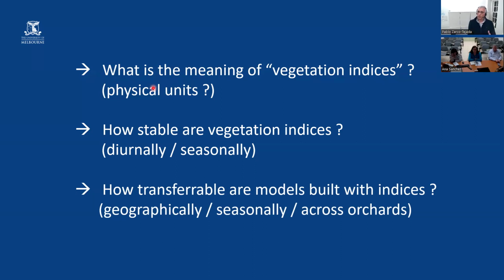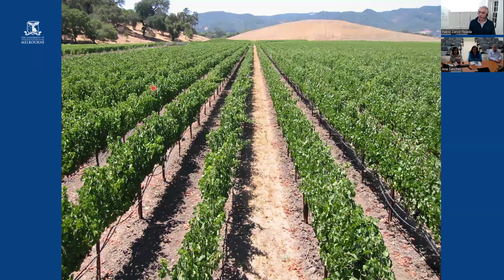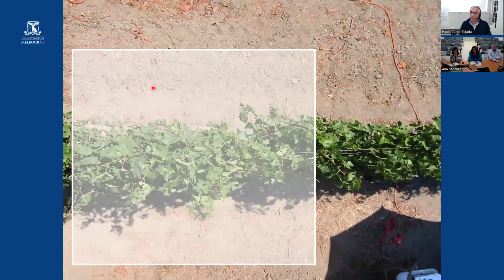So I'll give you some examples of why those indices are so much affected by all the aspects I'm talking about. This is a vineyard, for example, and the values of the indices that we will get are totally different depending on whether we are talking about the big pixel that we have here as compared to this pixel, which has a higher spatial resolution. Why is that?